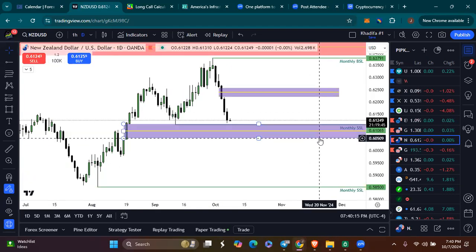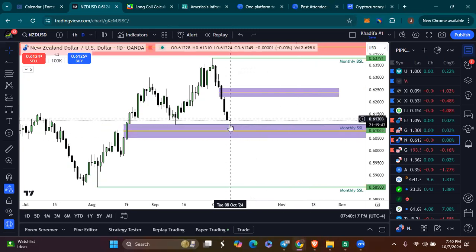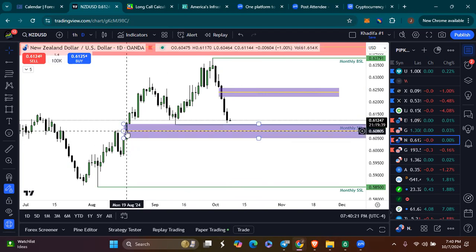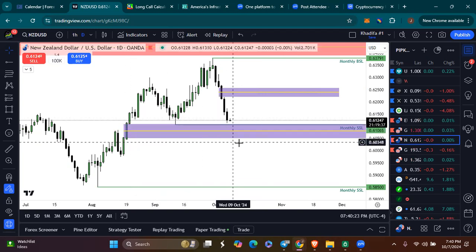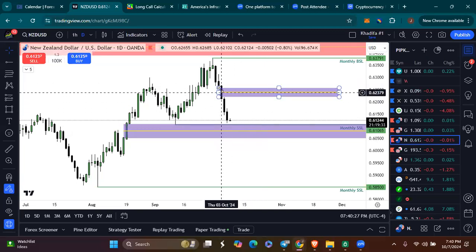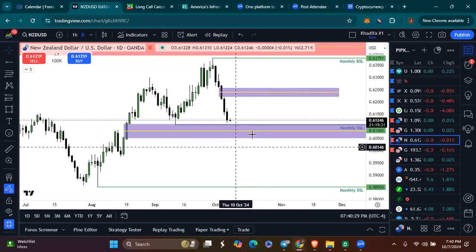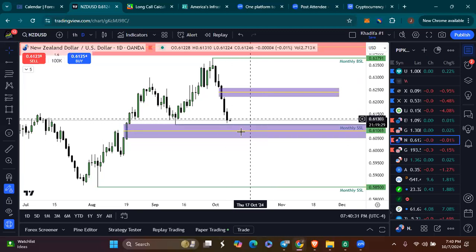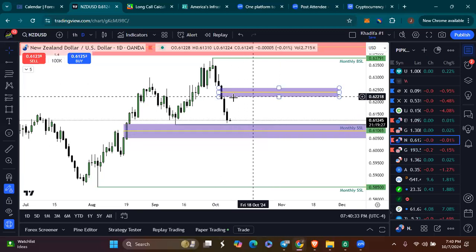And looking at NZD USD, same thing. I want to see price come down into this fair value gap from August the 19th and then springboard to the upside back up into this imbalance. So I'll be looking for buys here, looking to long the market here, back up into this imbalance.